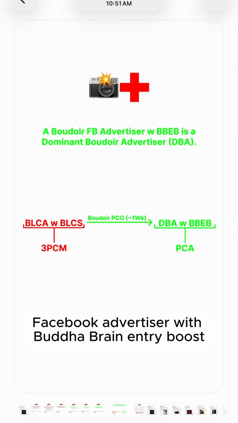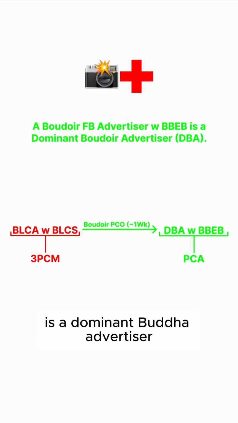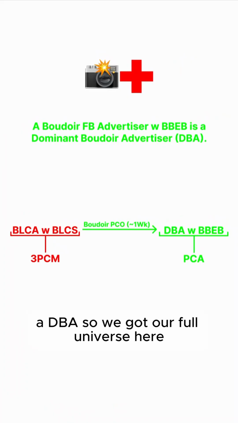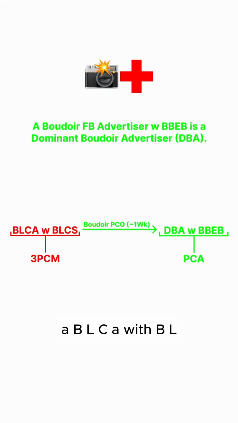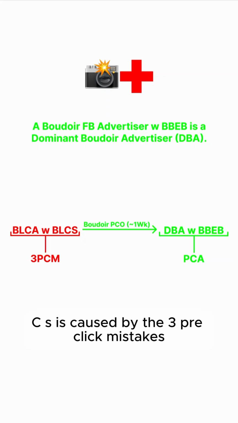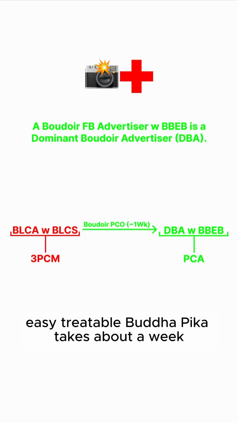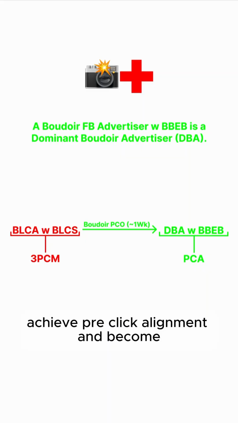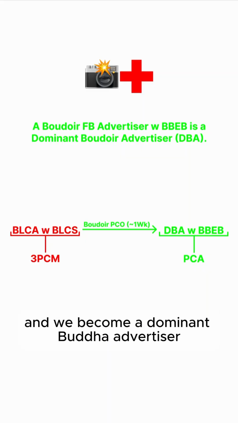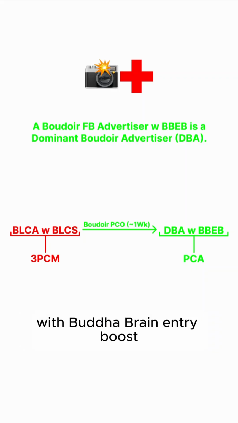And a Boudoir Facebook advertiser with Boudoir brain entry boost is a dominant Boudoir advertiser, a DBA. So we've got our full universe here. A BLCA with BLCS is caused by the 3 pre-click mistakes. It's easy: treated with Boudoir Pico, takes about a week. Achieve pre-click alignment and we become a dominant Boudoir advertiser with Boudoir brain entry boost.